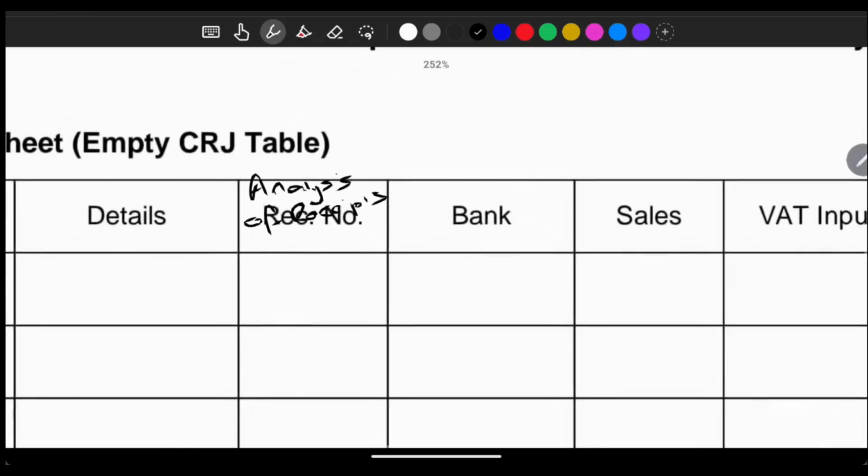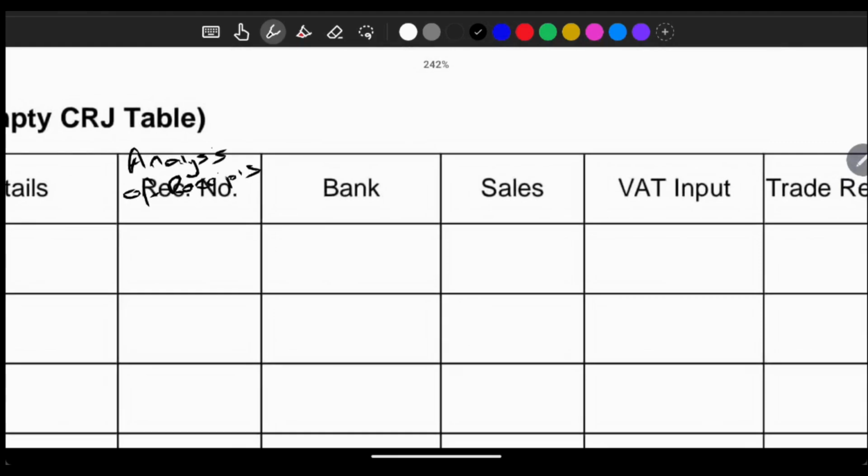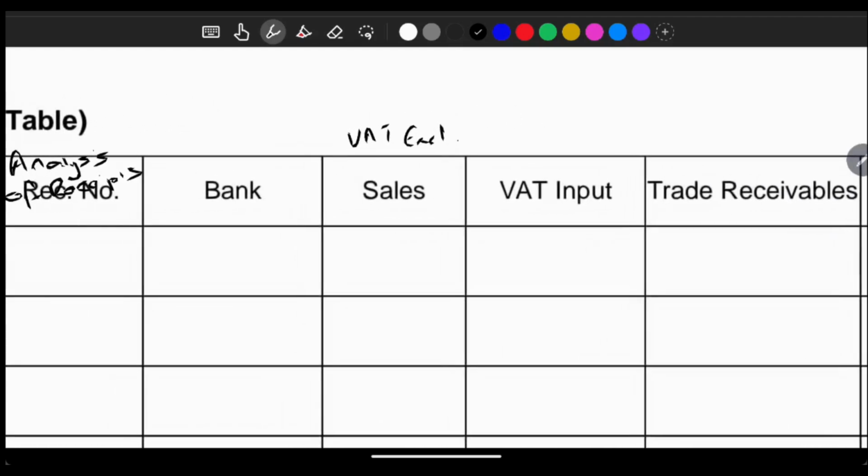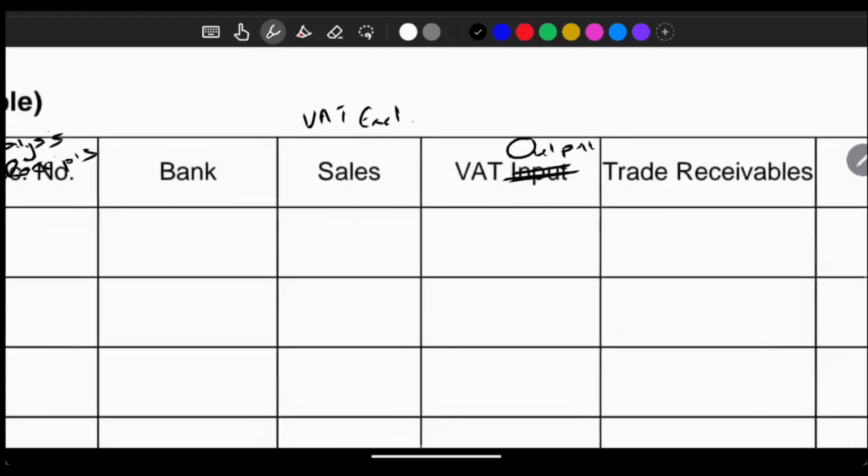Bank is bank, full amount. Sales, remember, it's the VAT exclusive amount. And then our VAT is not VAT input, it's supposed to be VAT output. Remember, when you sell, it's VAT output, and when you buy, it becomes VAT input.